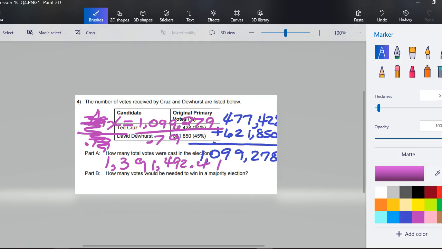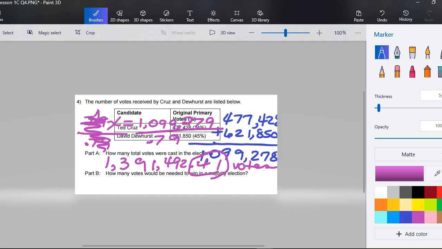Remember, we're talking about humans. And so with us talking about humans, we're going to practice good rounding, but we'll also practice good reasoning and thinking. So it does make sense that we could go ahead and say that the total amount of votes cast in the election were 1,391,492, and we always need to have a good unit there, votes.